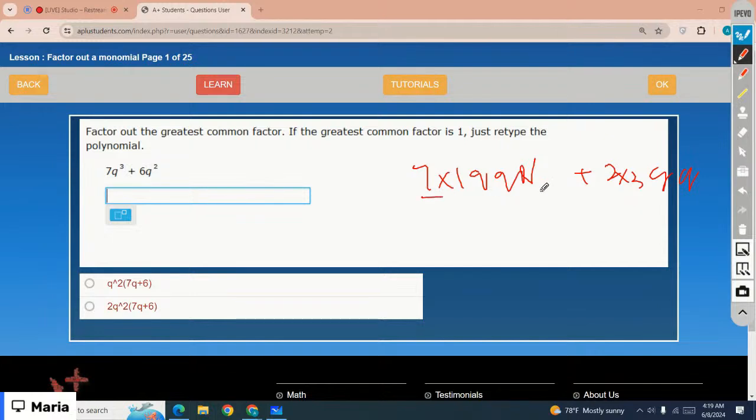So you don't have any number common, right? You only have q squared common. So that would be q squared times 7q plus 6. Option number 1 is the correct option: q squared times 7q plus 6.